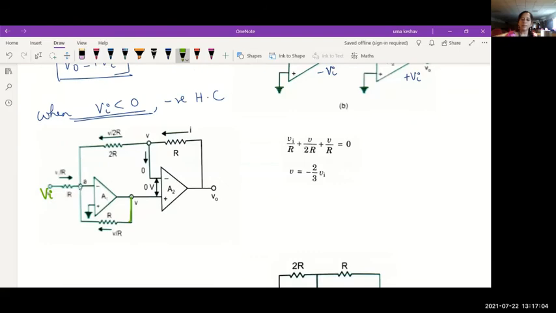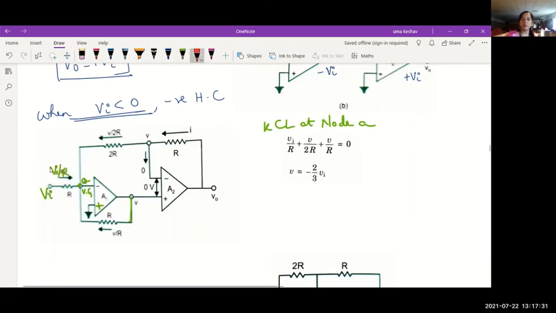Now, if I consider node A and if I apply KCL at node A in this circuit, remember, since this is actual ground, the non-inverting terminal, this will be at virtual ground at zero potential. So the current through this resistor R will be Vi divided by R. Okay.